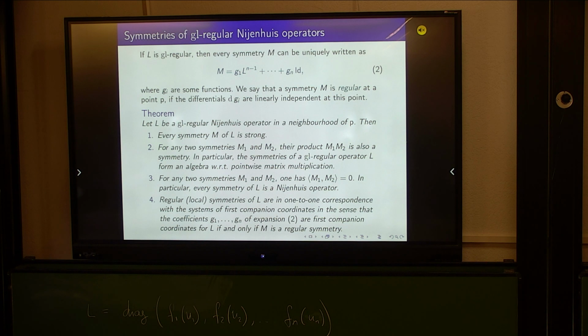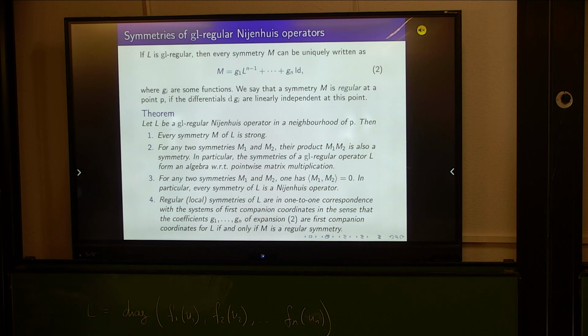Then we have the following theorem. First statement: every symmetry of L is strong. We were surprised by this fact, because if the operator is not Nijenhuis, it's not true.